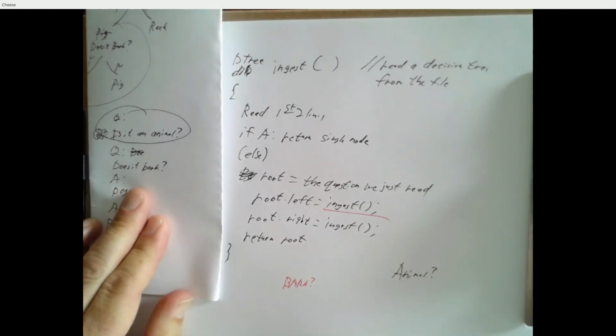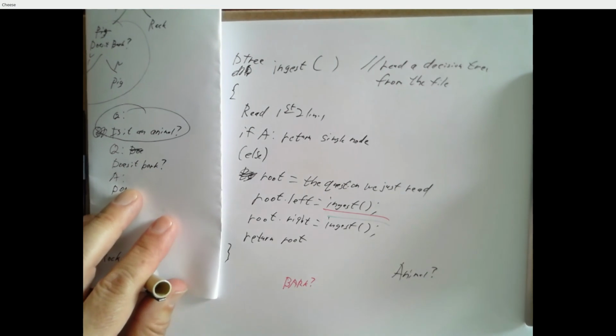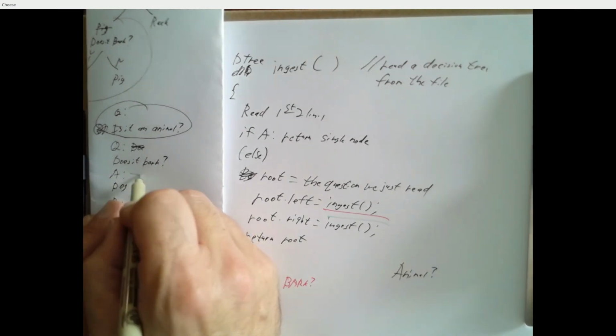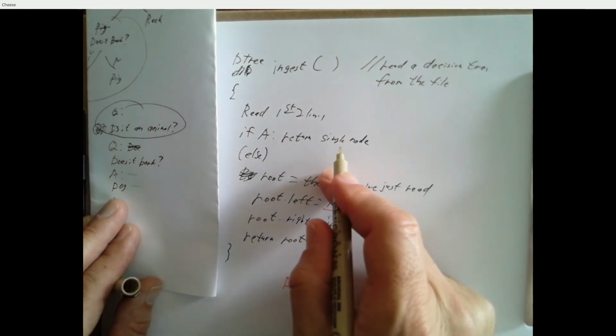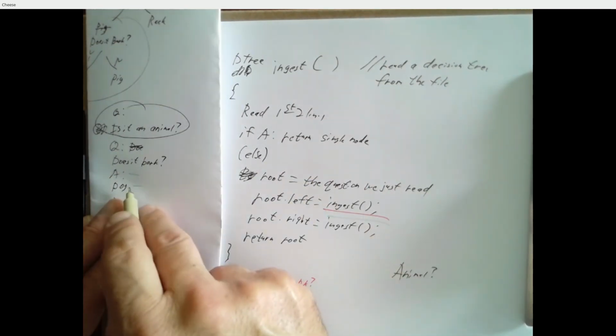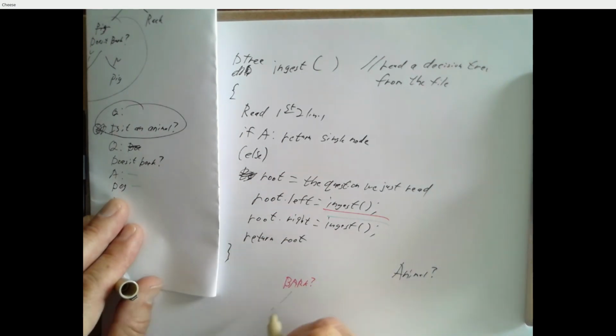And then that's going to cause a call to ingest. It's going to read the first two lines, which will be this answer, dog. And since it's an answer, that call to ingest is just going to return the node containing dog. And we're going to set this root.left to be dog.